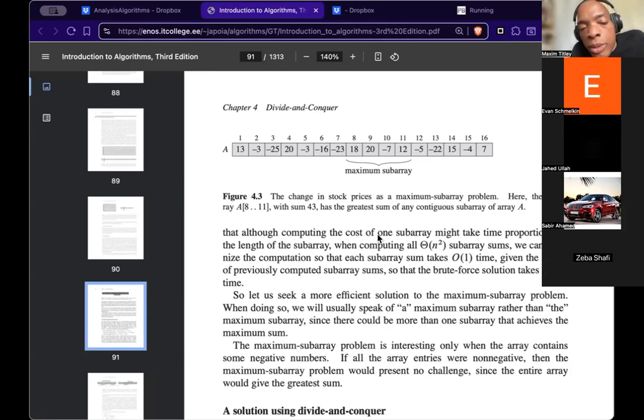Now what we want to do is to be able to find the maximum difference between lows and highs. Computing the cost of one subarray might take time proportional to the length of the subarray. When computing all n squared subarray sums, we can organize the computation so that each subarray sum takes one time, given the values of previously computed subarray sums, so that the brute force solution takes place in n squared time.